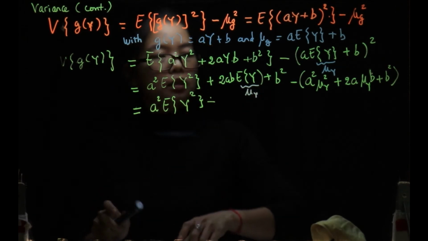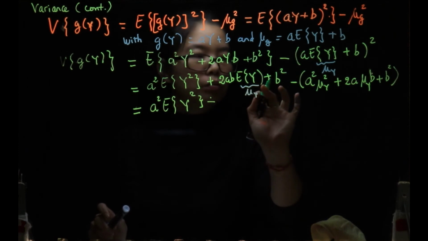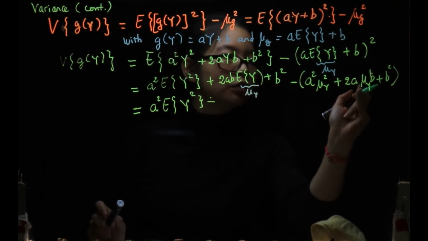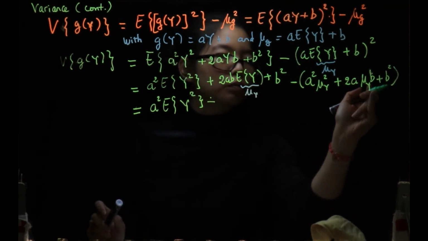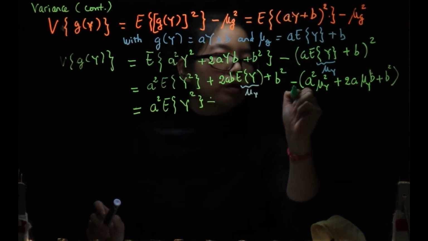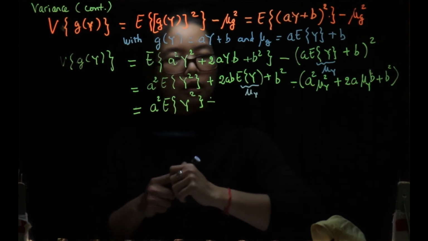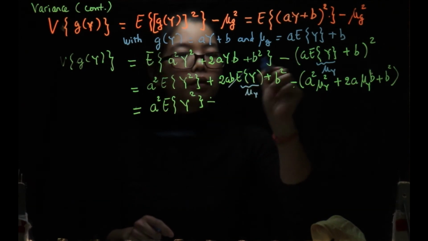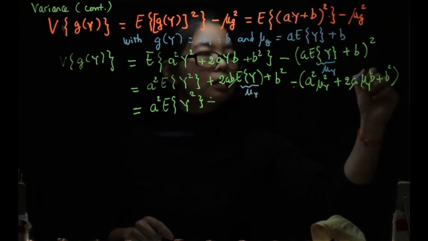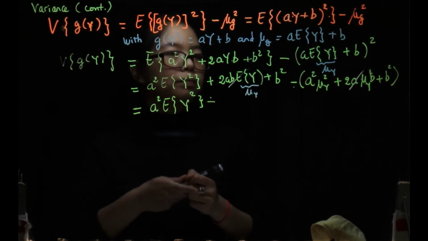And if you pay attention, here you have 2ab times mu y. Inside you also have the 2ab times mu y, but with a minus over here, so they cancel out.